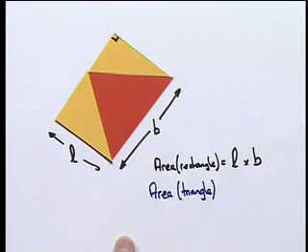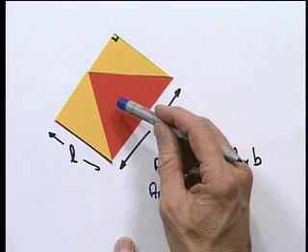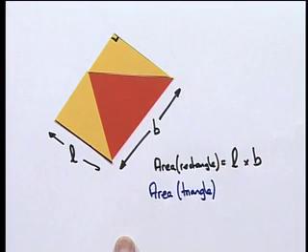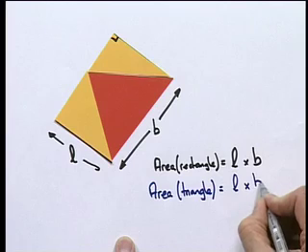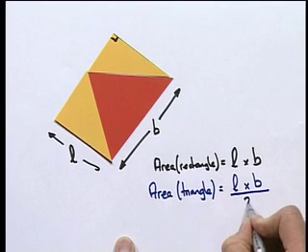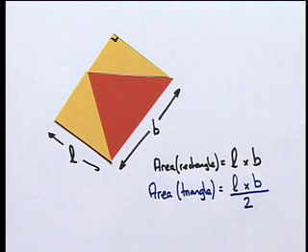Why? Because the area of the rectangle is effectively 2 times the area of the triangle whose area we're interested in. So we could say length times breadth divided by 2. Now, in fairness, I need to modify this formula ever so slightly.